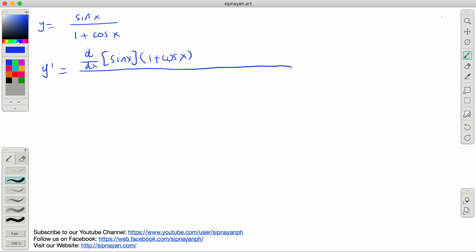And then subtract, kunin naman natin yung derivative nitong 1 plus cosine x. And then, yung sine x naman yung hindi, as is lang. And then, yung nasa baba is g of x quantity squared, di ba?